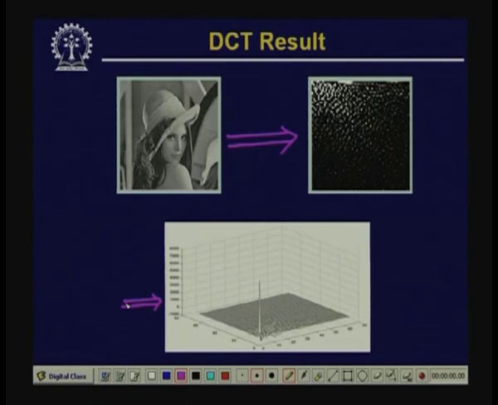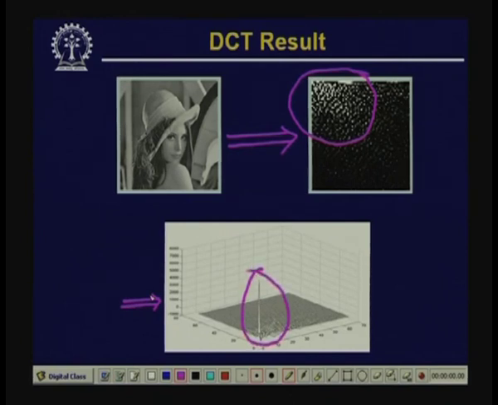Now, if you closely look at these output coefficients, you find that in case of discrete cosine transformation, the energy of the coefficients is concentrated mostly in a particular region near the origin, that is 0, 0, which is more visible in the 3 dimensional plot.